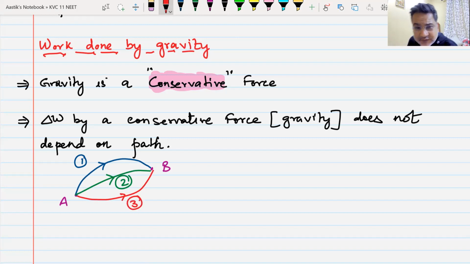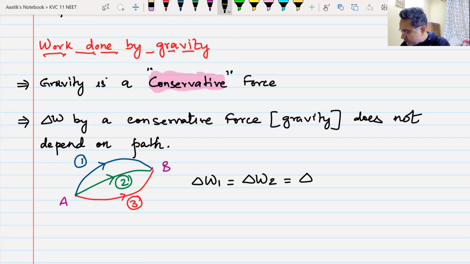Gravity, which is a conservative force, or any conservative force, the work done does not depend on path. So I can say work done in path 1 will be equal to work done in path 2 will be equal to work done in path 3. Do we understand this? Yes or no?